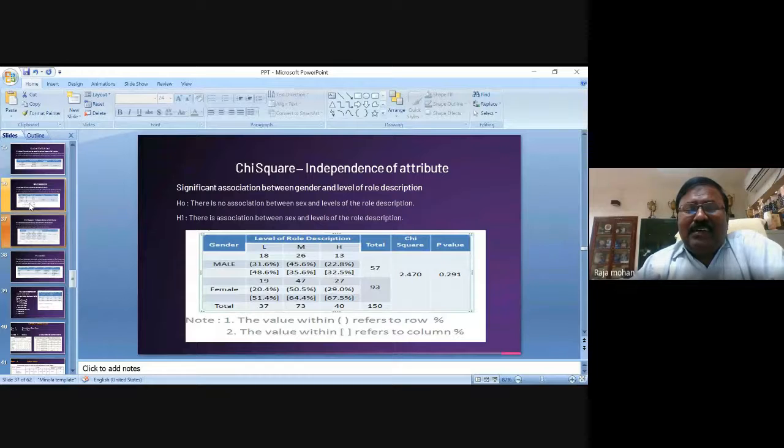Mean plus standard deviation is the high-level respondent, and mean minus standard deviation is low. When the values are in between, it is the medium level. For that, people used to say it is a parametric test, because we are using mean plus standard deviation with chi-square. But we can use it in both ways, so it is parametric as well as non-parametric.